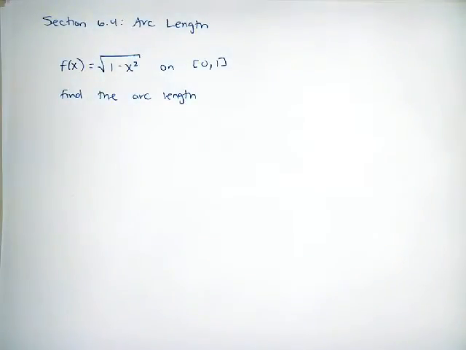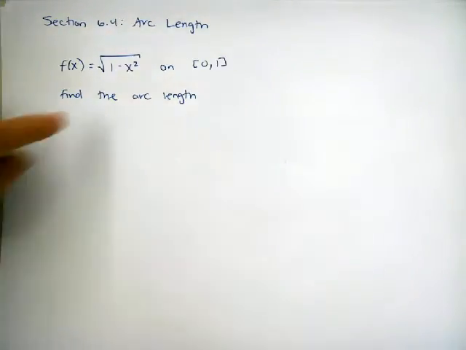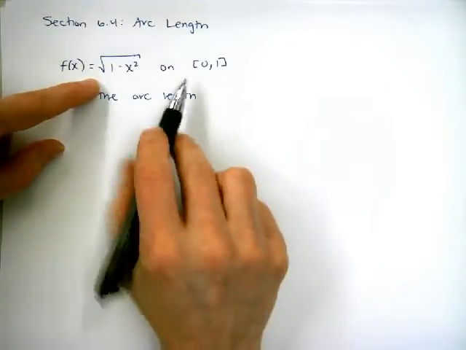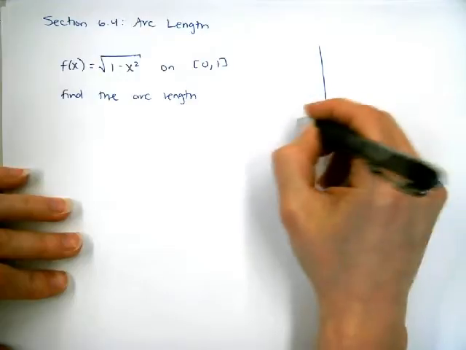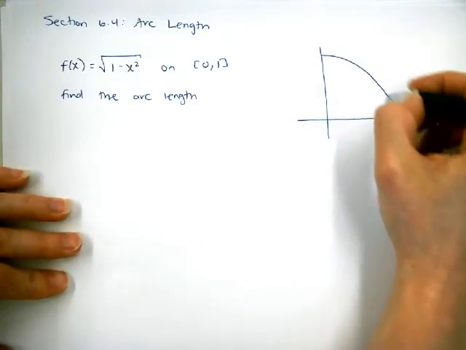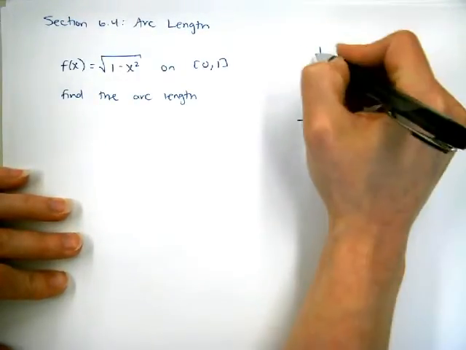We looked at the area under this function. Okay, so this is the unit circle, but in the case from 0 to 1, it's just in the first quadrant. So we have the unit circle in the first quadrant, so it comes out to 1 here.